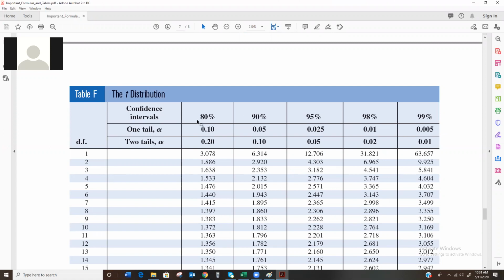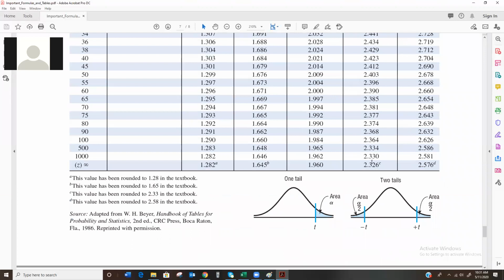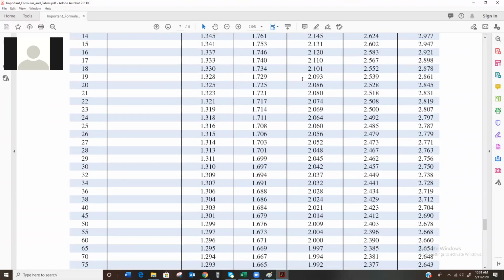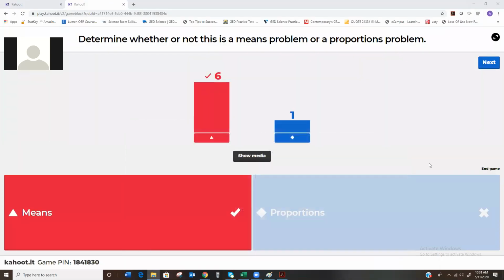And so then you would figure out what percentage it was. And if it was a Z, you'd go all the way to the bottom. And if it was a T, you'd use your degrees of freedom. Does that make sense? Everybody good now? We haven't done confidence intervals for at least a week now. It's degrees of freedom where you do n minus 1.